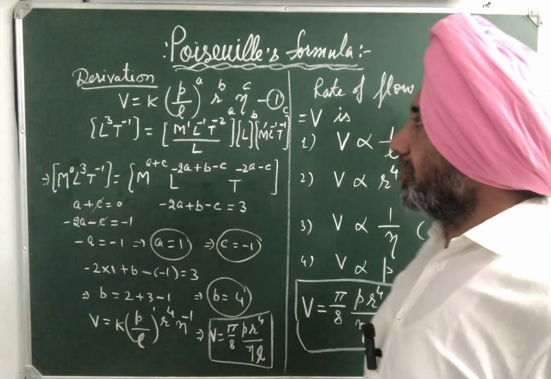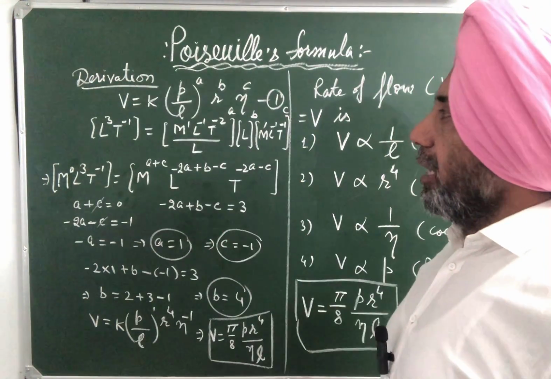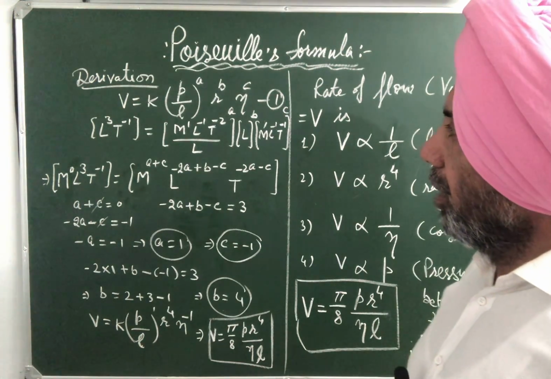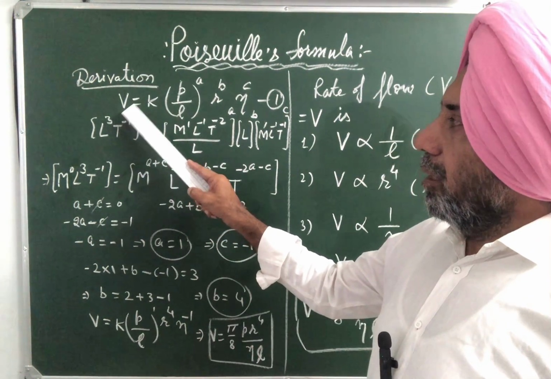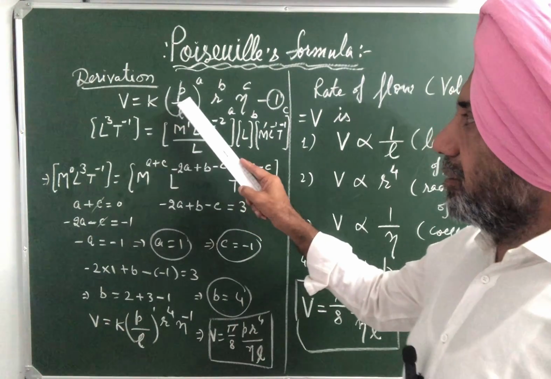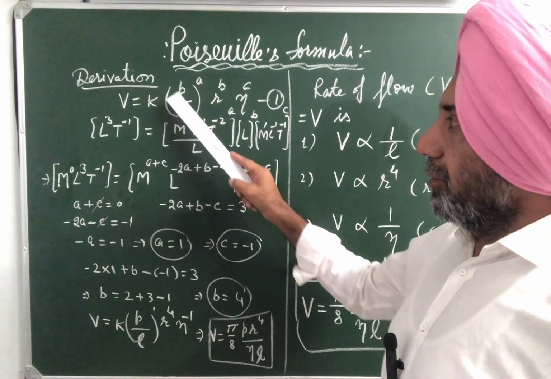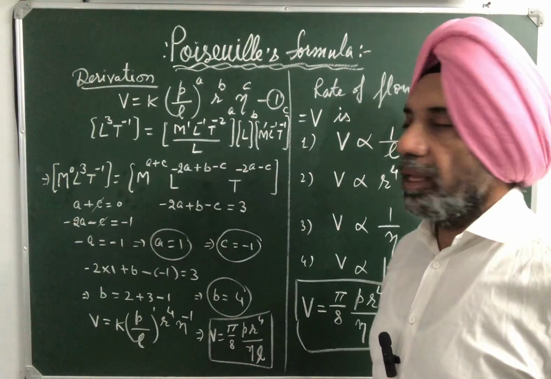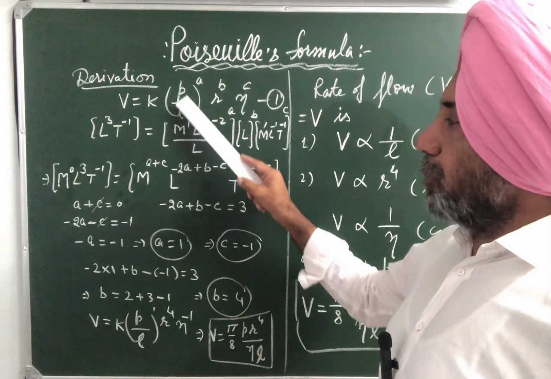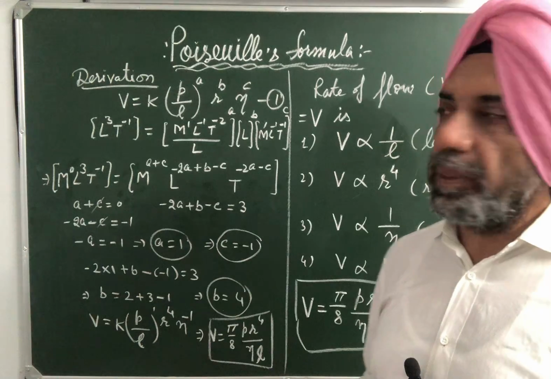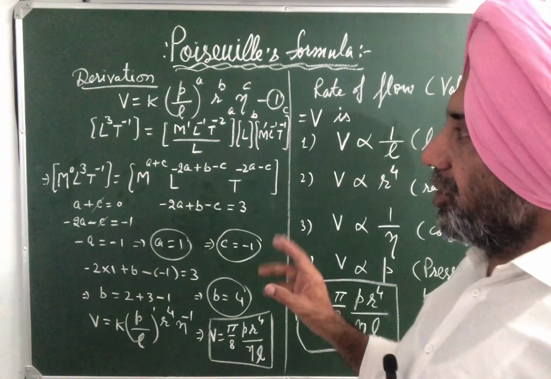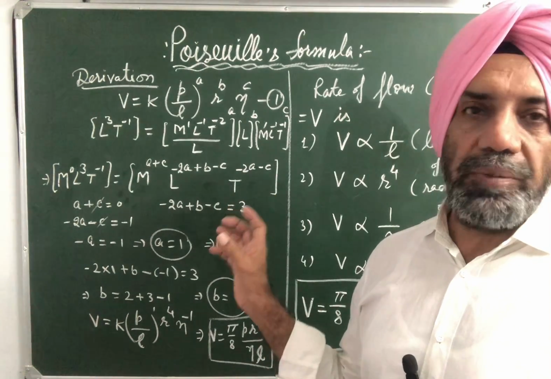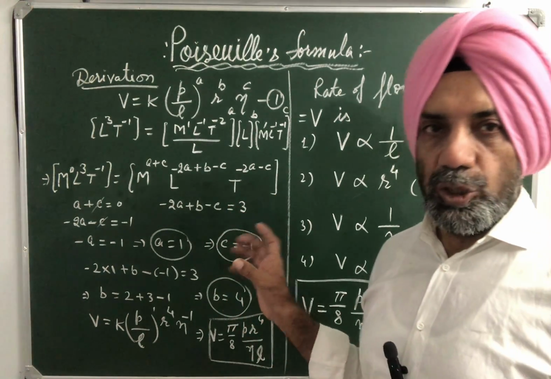Now, how to derive it? Derivation is very simple. We can derive this relation by using the method of dimensions in a simple way. Suppose there are three factors: P upon L, radius, and viscosity. V is directly proportional to (P upon L) power A. P upon L is known as pressure gradient because P represents the change in pressure and L represents the length of the tube or the distance between the ends of the tube of flow.